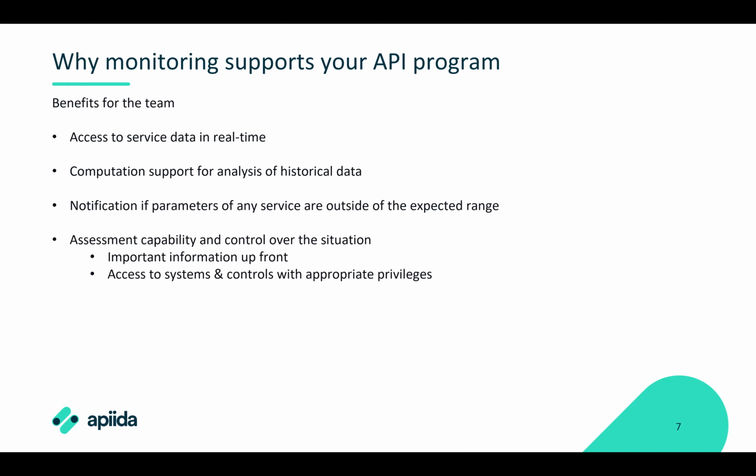One more thing is obviously notification and alarming. So having an automatic capability of alerting someone, right? Like an administrator or developer or team lead or security personnel, if something happens out of line.